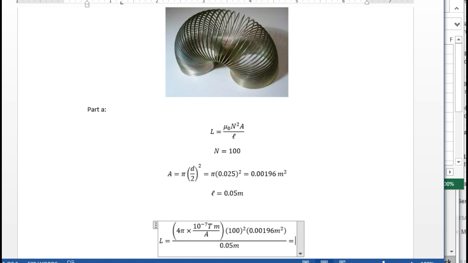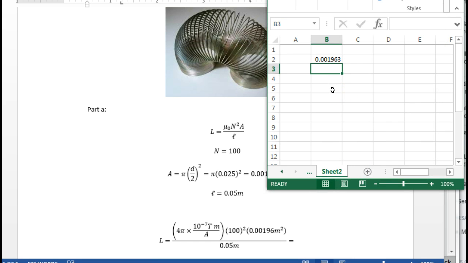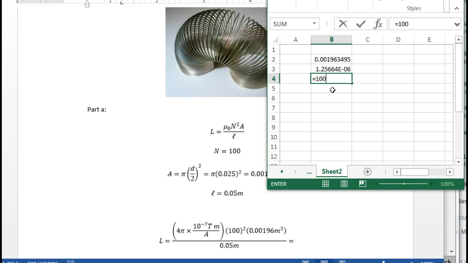Okay. So we have mu naught, which is 4 times pi times 1e minus 7. We have 100 squared, and we have length of 0.05. So our final answer is this times that divided by that.